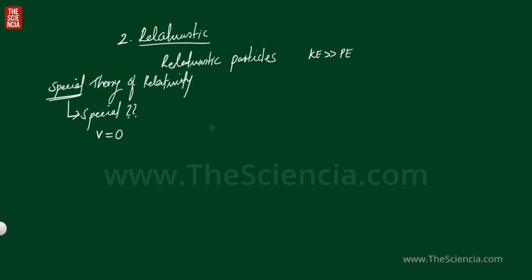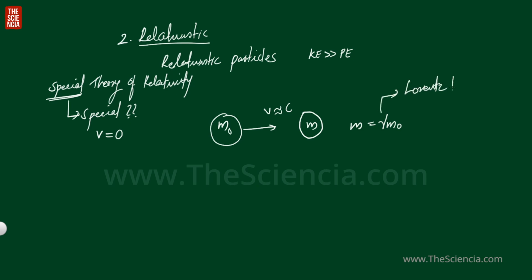And you know from the special theory of relativity, if a particle of mass m0 is traveling with a velocity approximately equal to c, then its mass will increase to m, where m is equal to gamma m0, where gamma is called the Lorentz factor, and its value is given by gamma equal to 1 by root of 1 minus v square by c square.